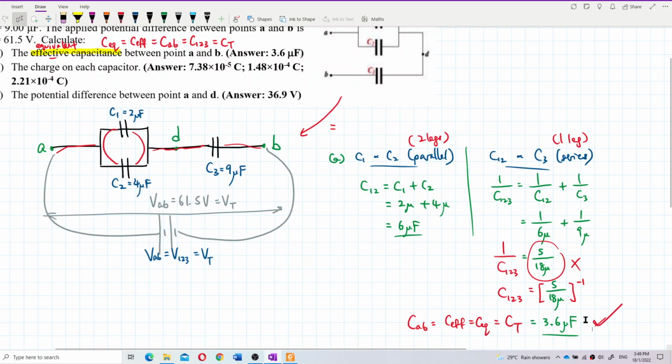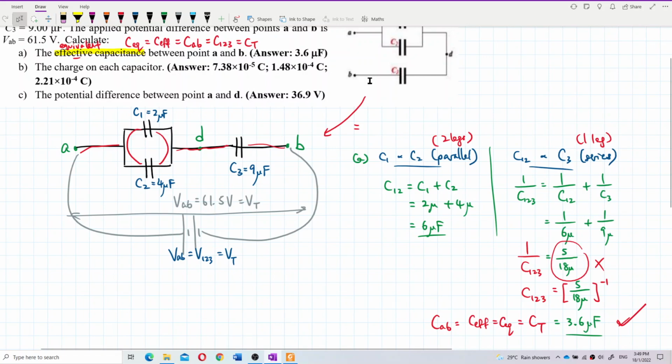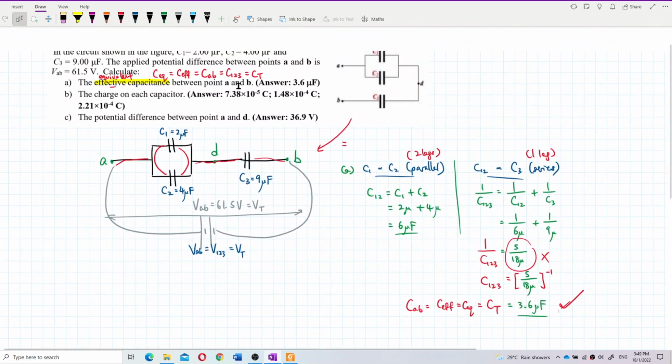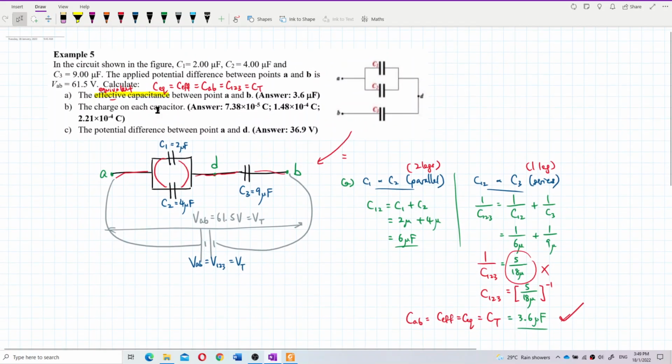Now I want to find the charge on each capacitor.